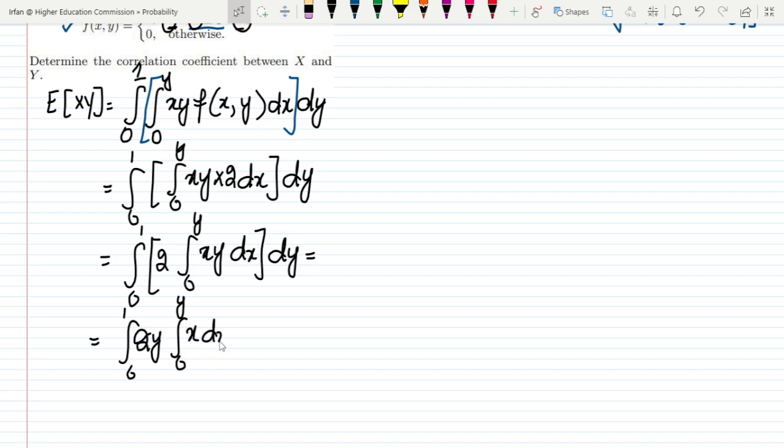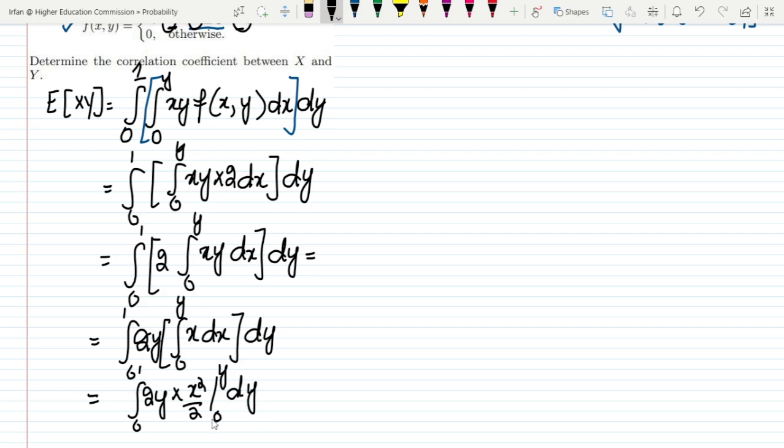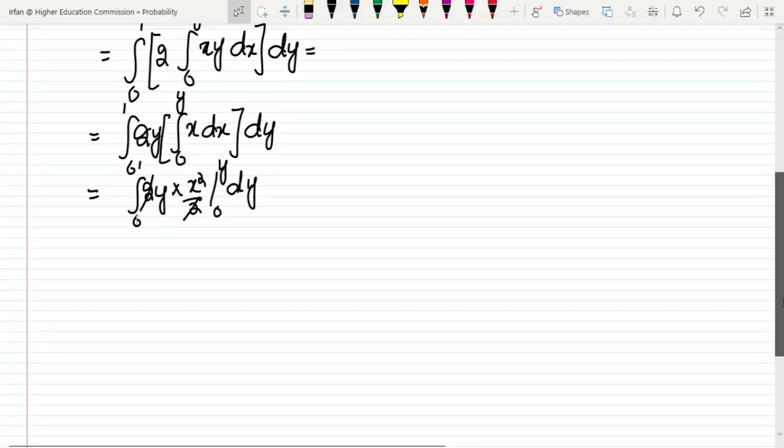x dx, dy, and 0 to 1, 2y, this would become x square divided by 2 from 0 to y, and dy. Here you can see that this 2 will be cancelled out with this one.